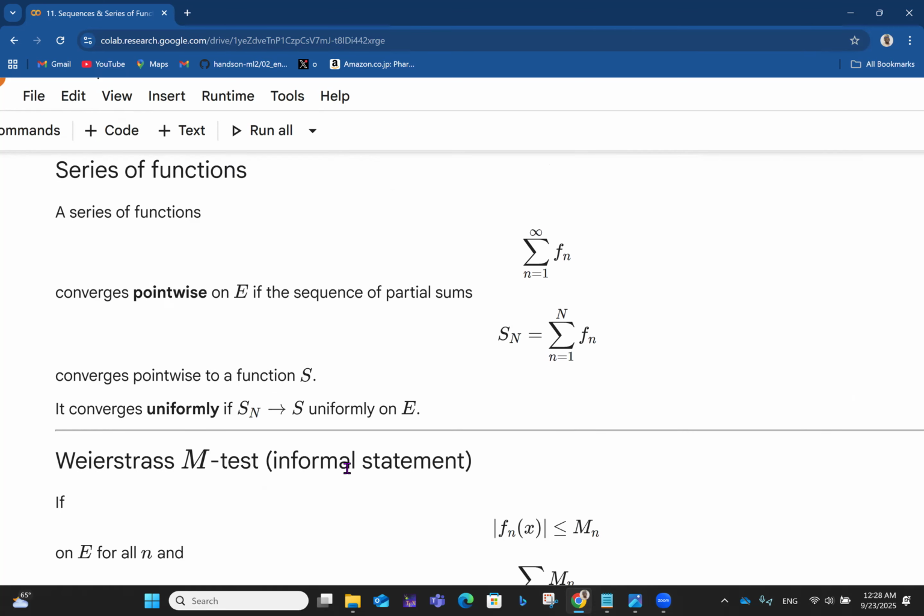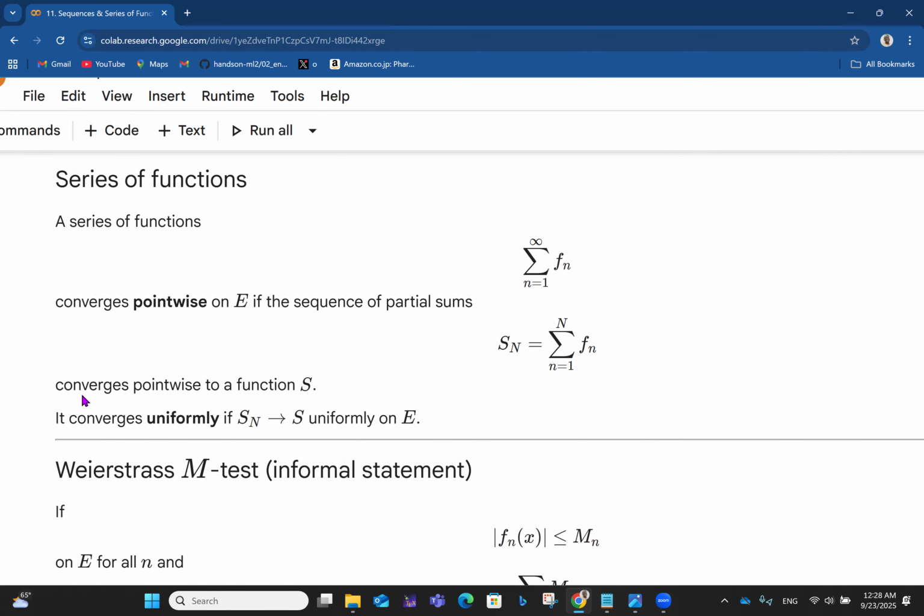Now, we talk about series of functions. We say that a series of functions, the summation from n equals 1 to infinity of fn, converges pointwise on E if the sequence of partial sums converges pointwise. When we talk about partial sums, the first partial sum is f1, the second partial sum is f1 plus f2, the third partial sum is f1 plus f2 plus f3, and so on.